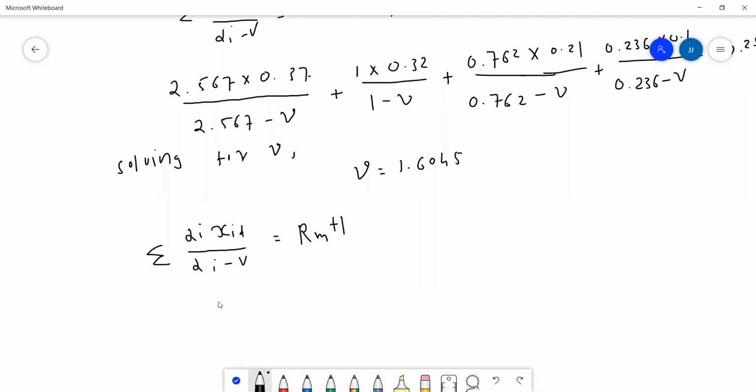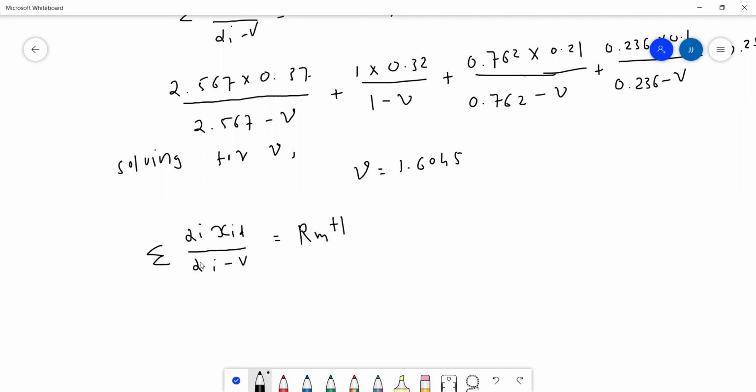Here x_iD is nothing but the mole fraction of component i in the distillate, and in the distillate we have only two components, that is n-butane and isopentane. So this is equal to alpha i.